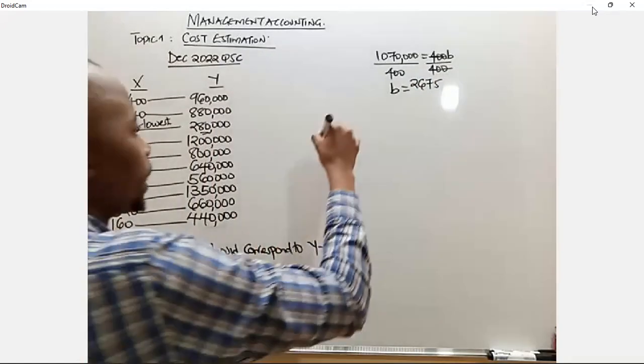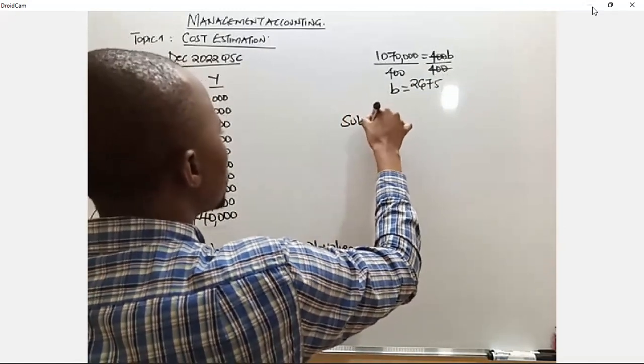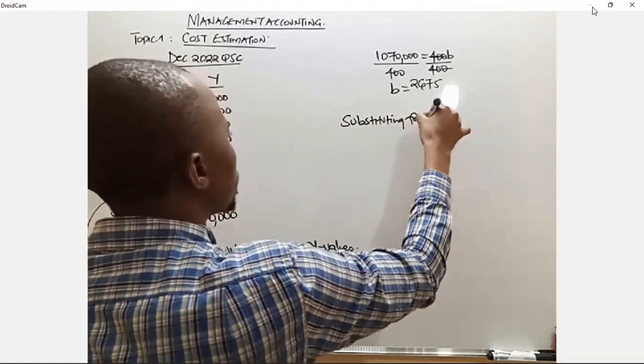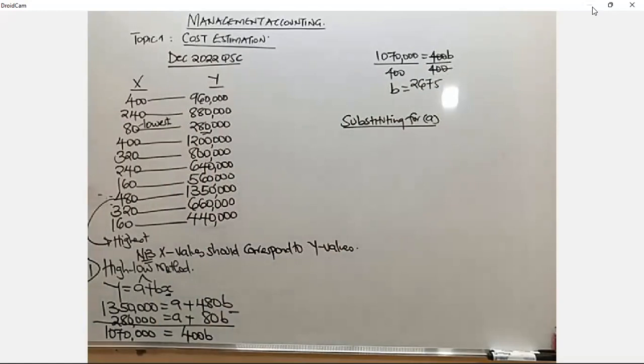Then to get my A, let me substitute. I will just pick one of the equations, and you are going to get the same answer. So let me pick the first one.